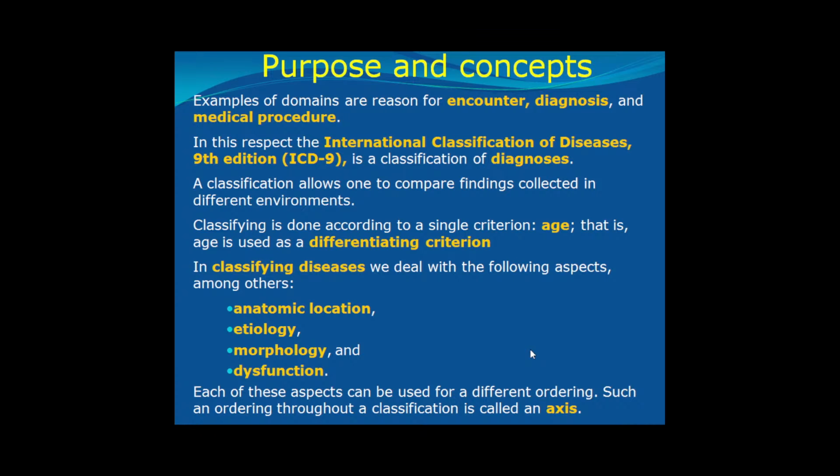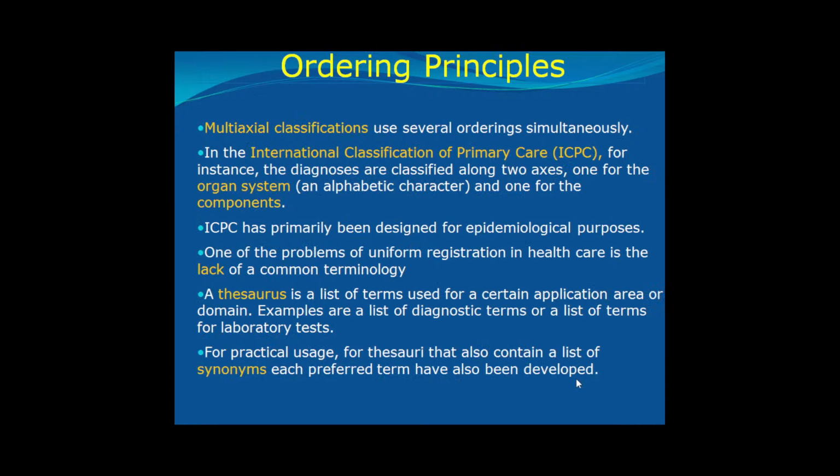Such an ordering through a classification is called an axis. Multi-axial classifications use several orderings simultaneously. In the International Classification of Primary Care, ICPC, for instance, the diagnoses are classified along two axes, one for the organ system with an alphabetic character, and one for the components. ICPC has primarily been designed for epidemiological purposes.